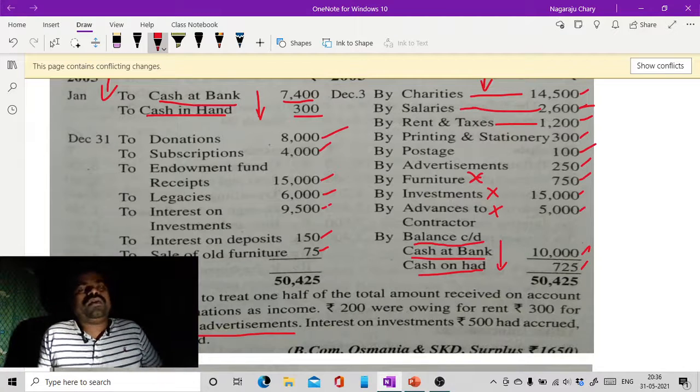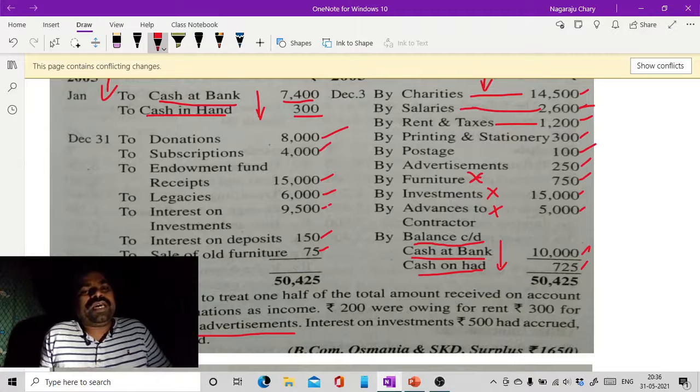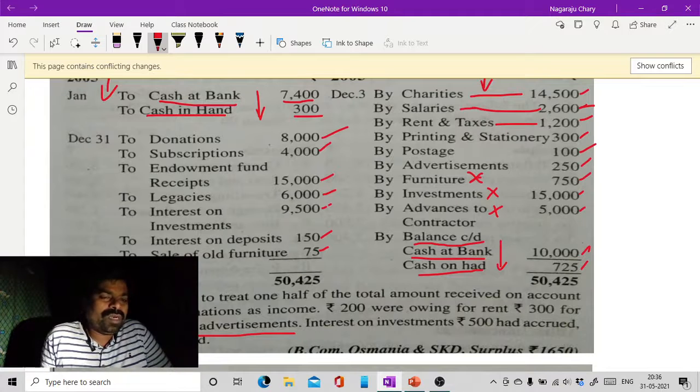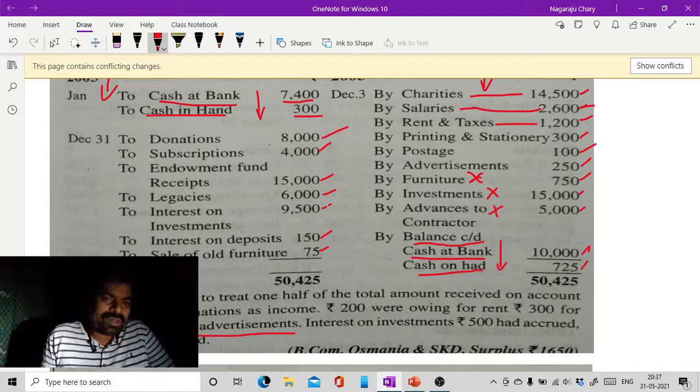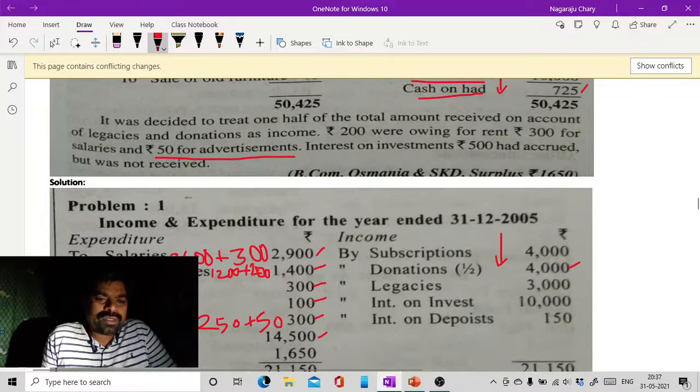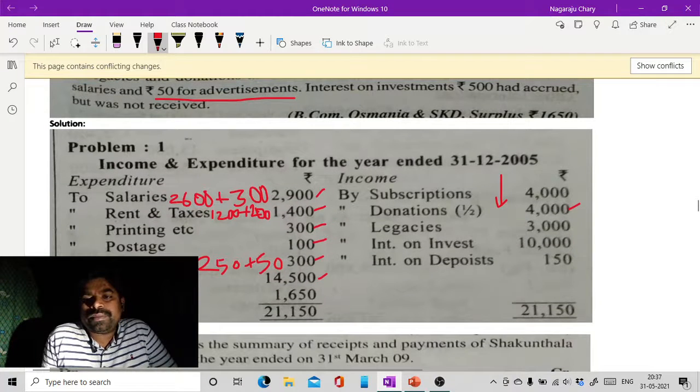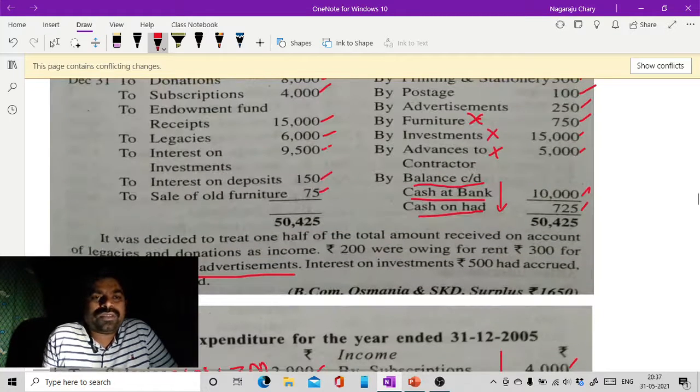The remaining amount is to be treated as a capital item. So only 50% is to be taken into consideration while preparing income and expenditure account. So in donations 8,000, we have to take 4,000.